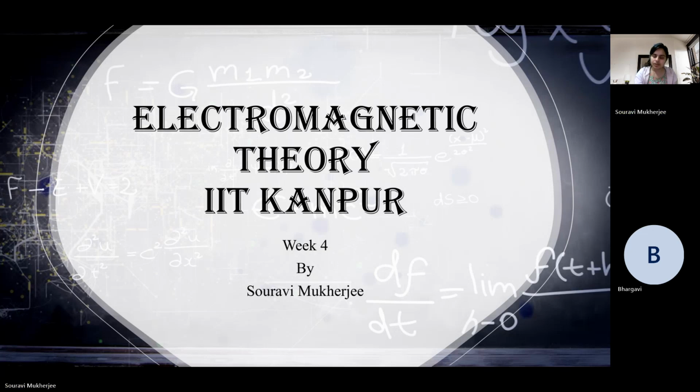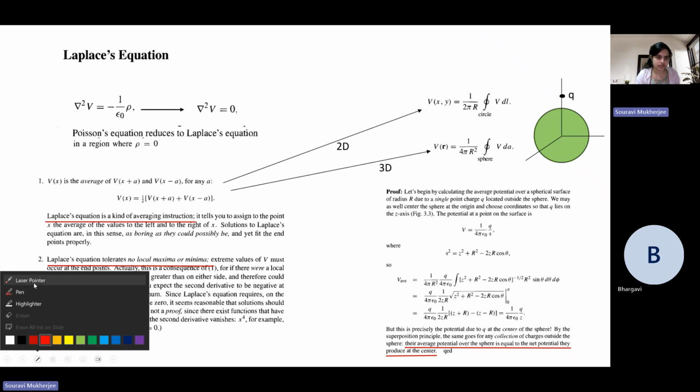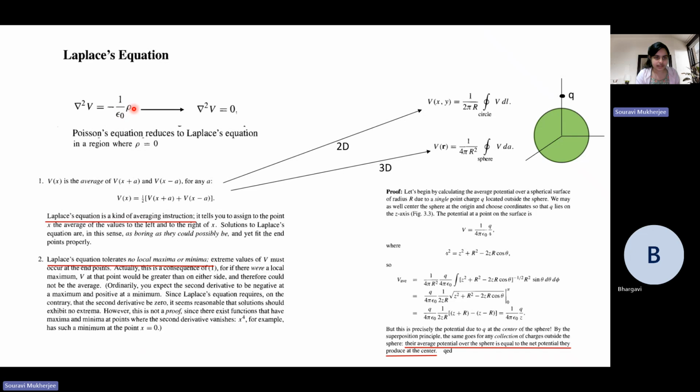So what we will do today is start with the Laplace equation. In the second class, where we started with Gauss's law and went to the differential form, we got the Poisson equation, which relates charge density with the potential.